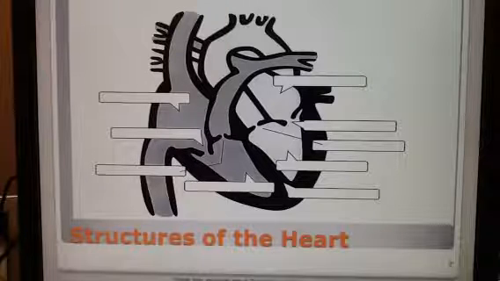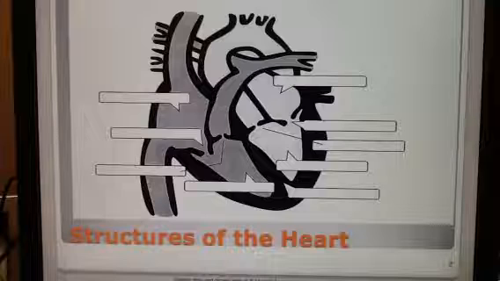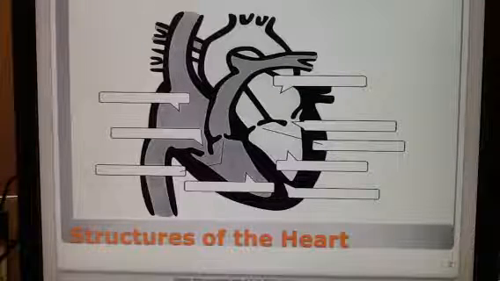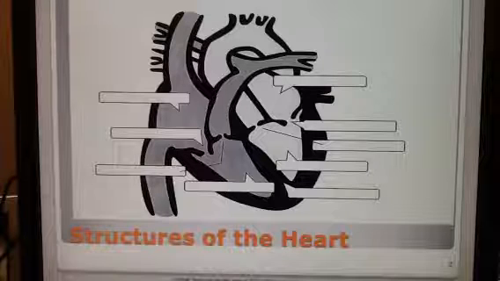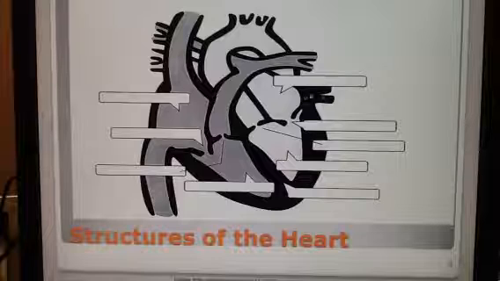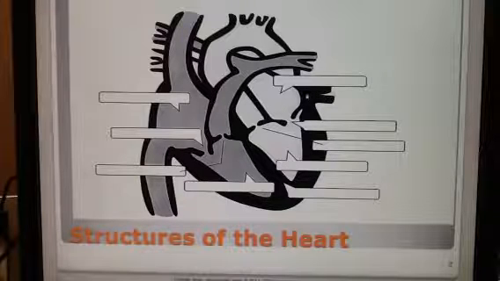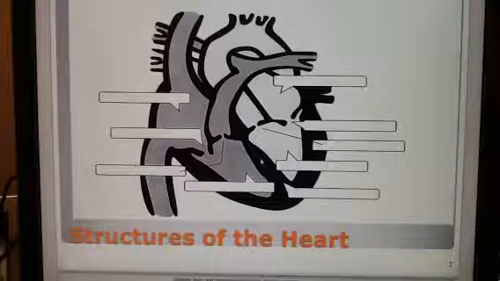But arteries always bring blood away from the heart, so here we have blood going away from the heart to the lungs. So that's a pulmonary artery. Coming back in from the lungs, we have the pulmonary veins, and that's connected to the left atrium.